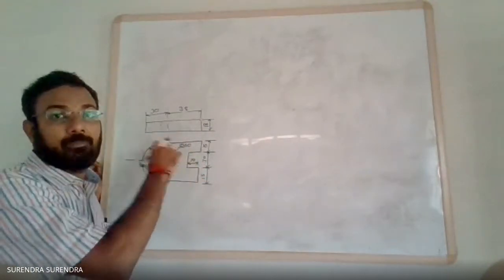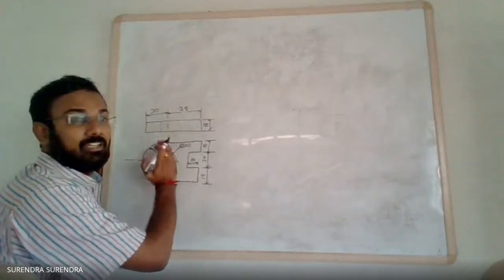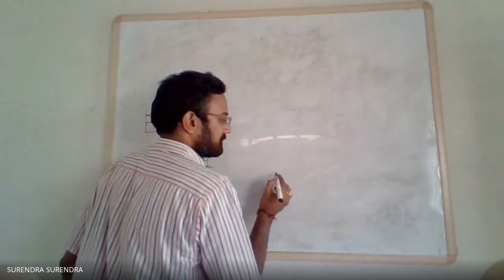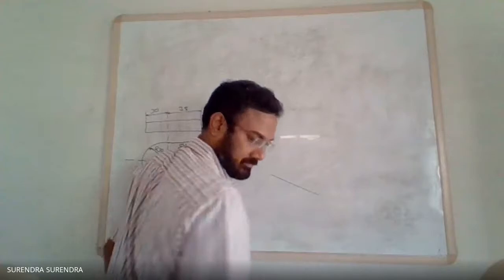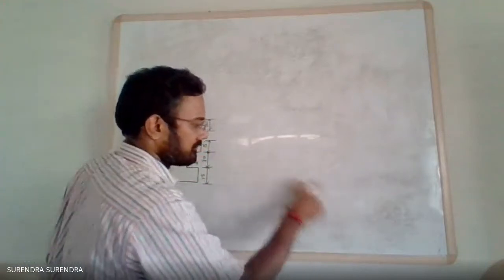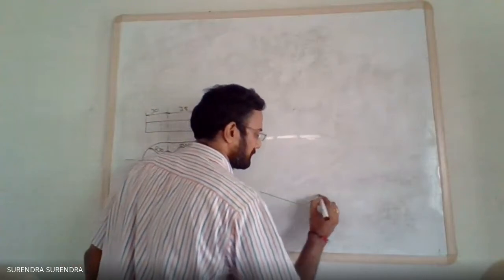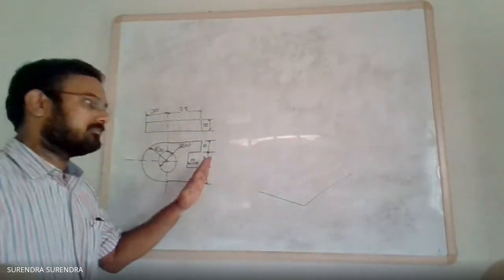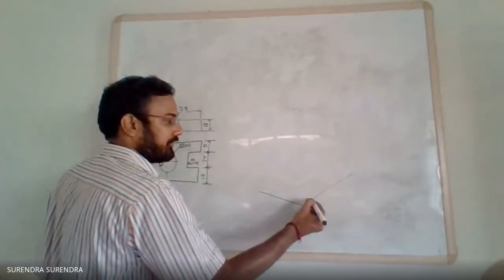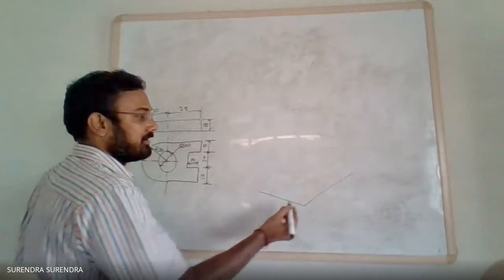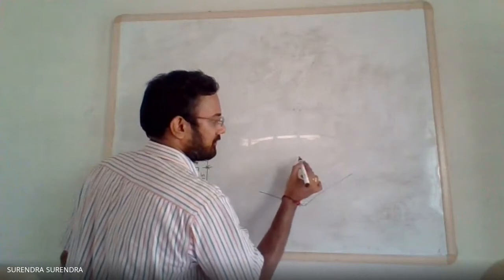Now, let us complete this shape in isometric view. Let us start from this end. What are these dimensions? 15 mm, and from 15 mm there is a groove for 30 mm.